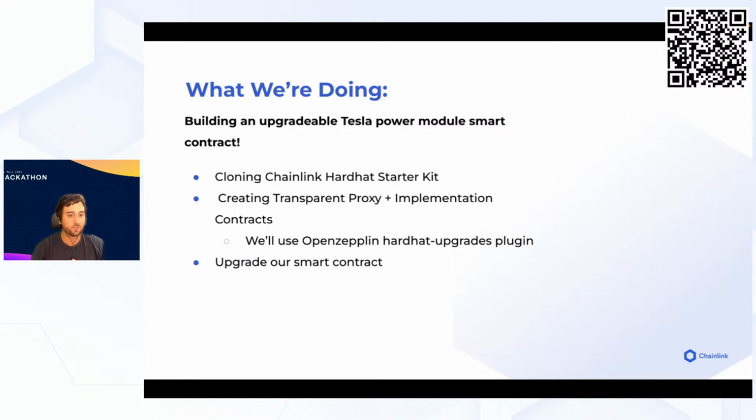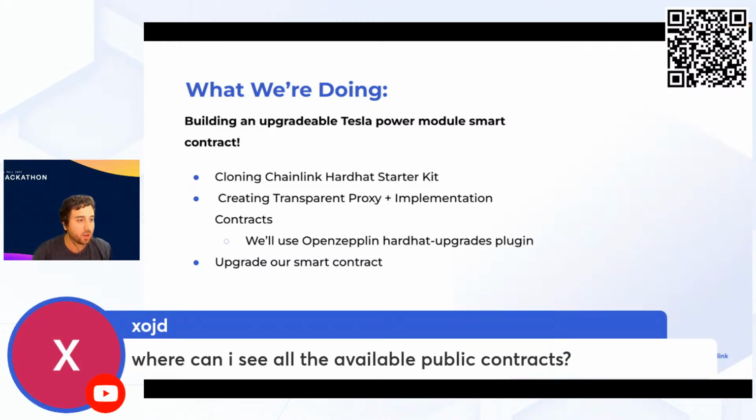If you have any questions, feel free to drop them in now. I see we do have some. Where can I see all the available public contracts? I'll be posting those in a bit. Yeah, there's a GitHub repo.